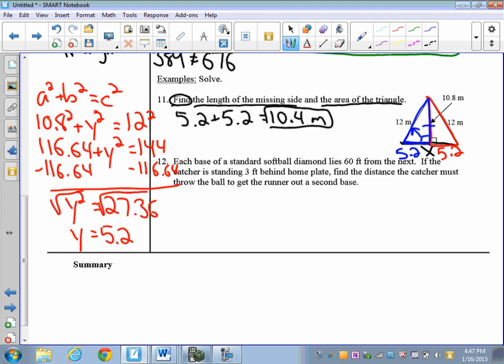And to find the area, that's going to be 1/2 base times height. So it's 1/2 the base. That's what the missing side is. It's going to be 10.4 times the height. That's 10.8.